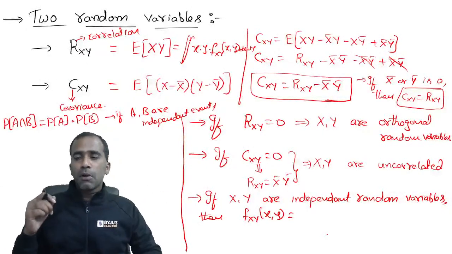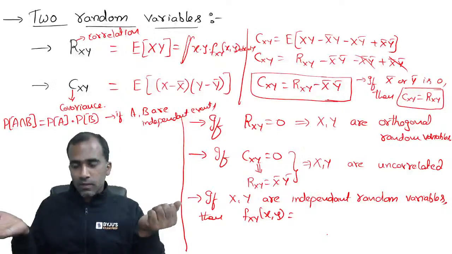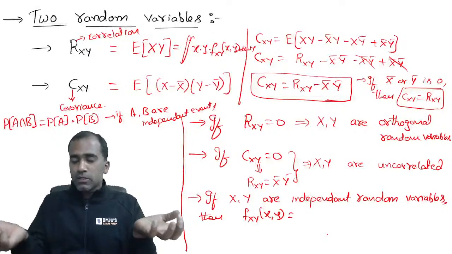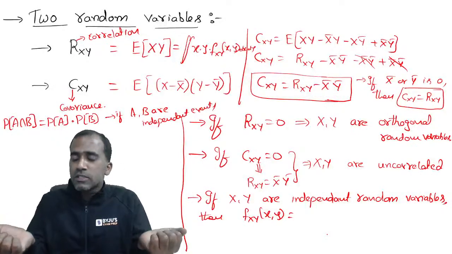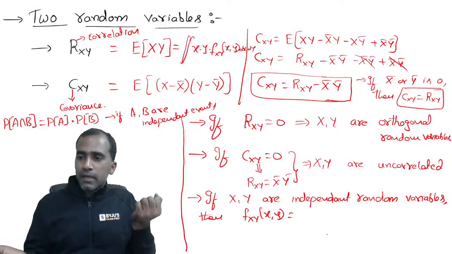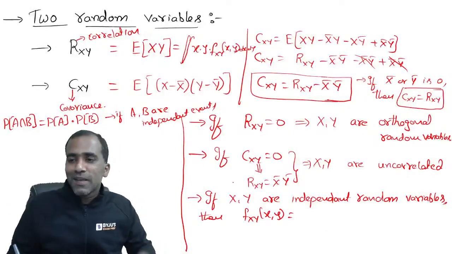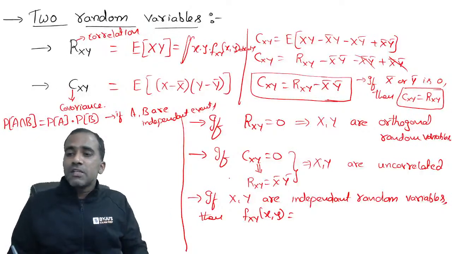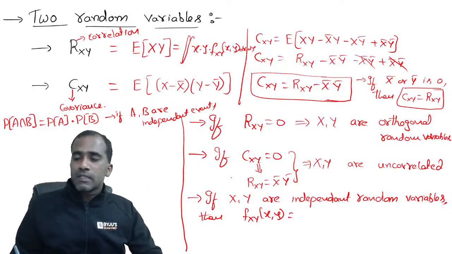If I ask the probability that we get a head on the first coin and a head on the second coin, I want the joint probability. When you want the joint probability, find the probability here, find the probability here, and just multiply them. Whenever you are talking about the independence relation, joint probability is equal to the product of individual probabilities.